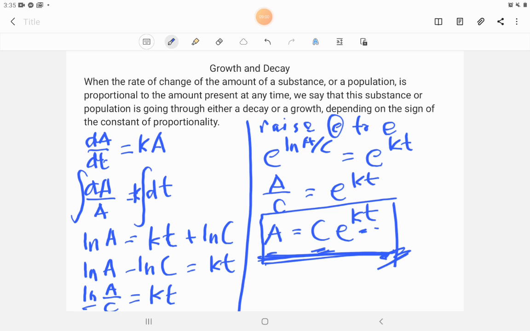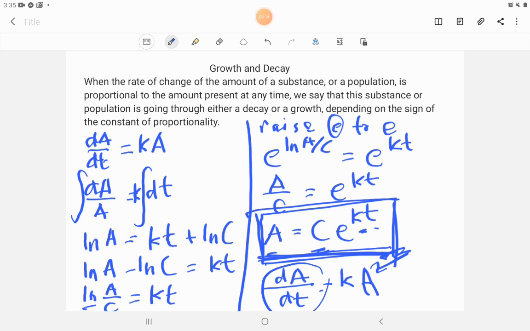So you cannot use this equation anymore because you have to start with the differential equation, dA over dt equals k A squared, because the rate of change of the substance according to that particular question is directly proportional to the square of the substance initially present.